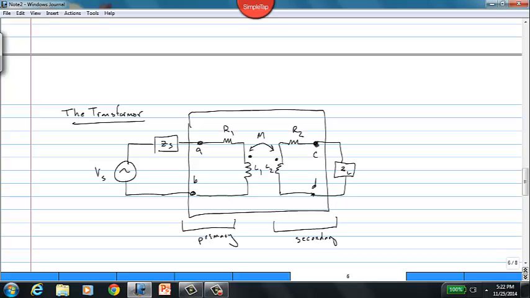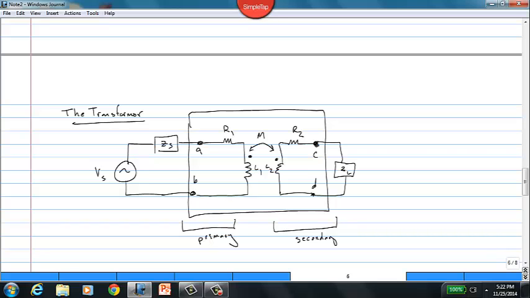R1 is therefore given the name primary winding resistance, and L1 is primary winding self-inductance. Similarly, R2 is called the secondary winding resistance, and L2 is called the secondary winding self-inductance. And finally, the last term we have there, M, is just called the mutual inductance of the transformer.